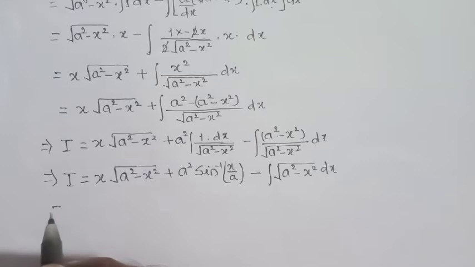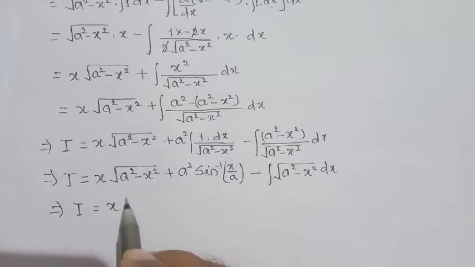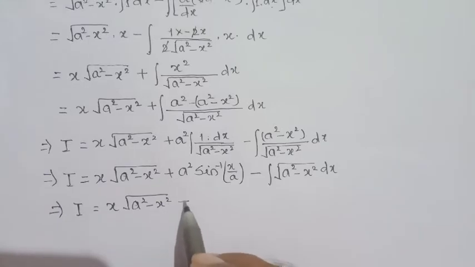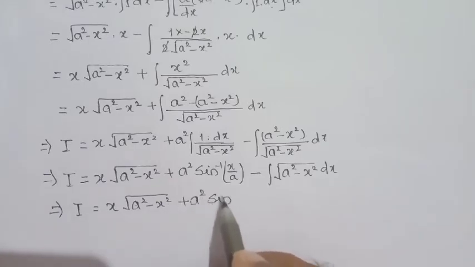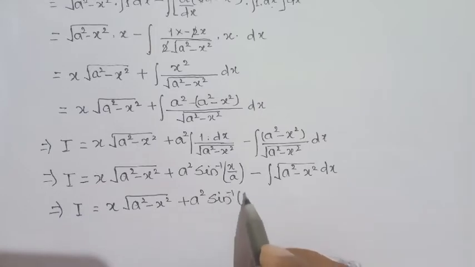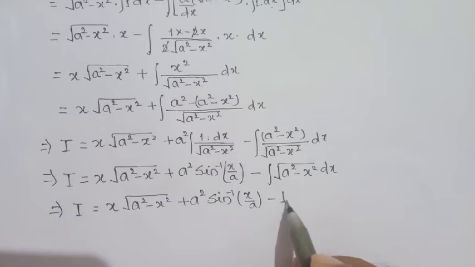On the left side we have I, and I is equal to x into under root a square minus x square plus a square sine inverse x by a minus I, that quotient. So this I shifted to the LHS becomes positive.